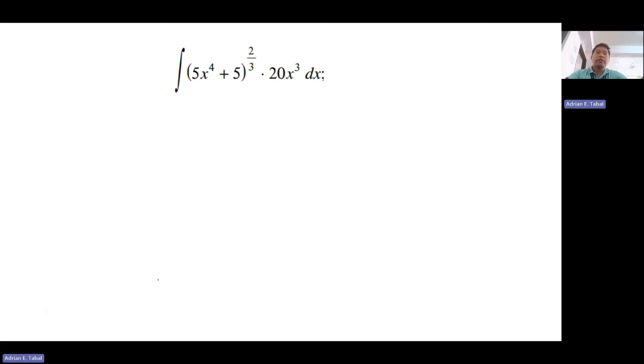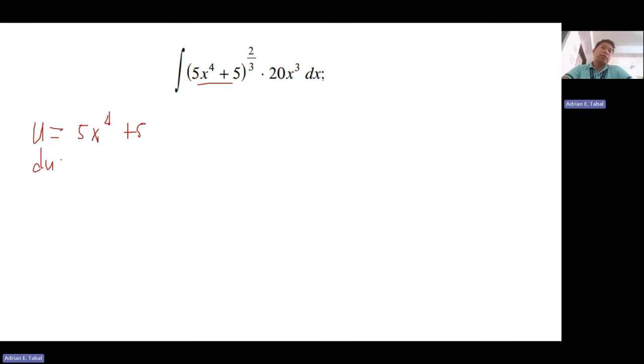The next question, we have this one, a fractional exponent. Do not worry about this one since this is just the same concept. So this is our u. u is equal to 5x raised to 4 plus 5.